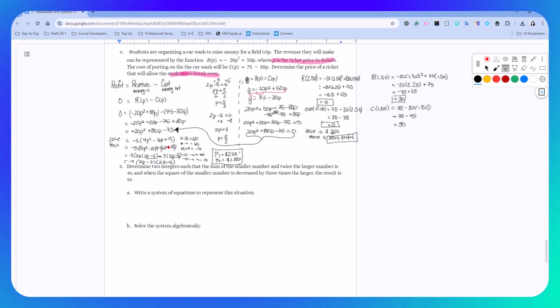Here, if we take in $30, we spent $30 and now there's 0 profit. So this one here makes sense. So if the ticket is $1.50, they will make 30, but they will spend 30.